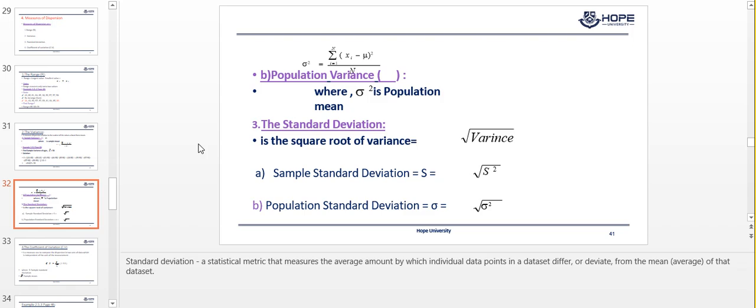The symbol of standard deviation is s, and the population standard deviation is the square root of the population variance. Standard deviation is a statistical metric that measures the average amount by which individual data points in a data set differ and deviate from the mean.